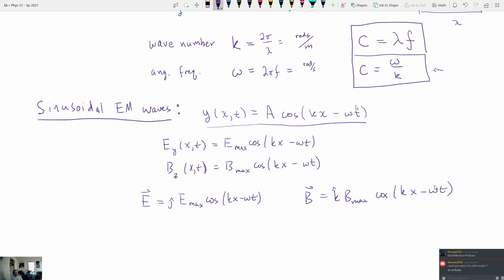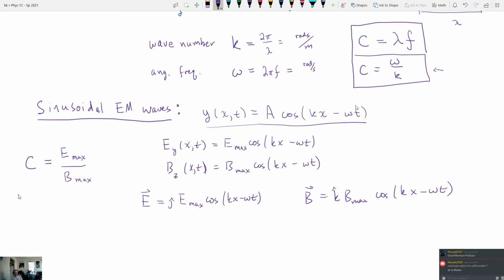One piece that I've left out of all of this is that the speed of these waves, c, is going to be equal to the ratio of the magnetic and the electric fields.